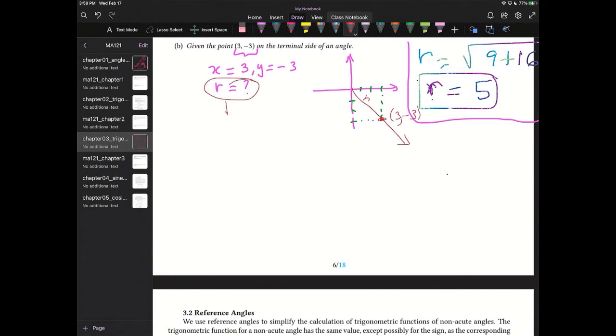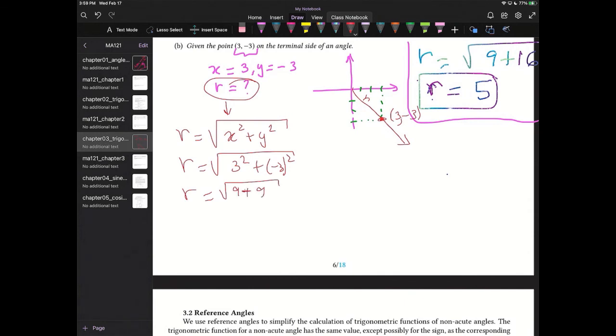So r, again, by the Pythagorean theorem, is the square root of x squared plus y squared. Plug in the numbers. So that is going to be the square root of 3 squared plus negative 3 squared. So we have the square root of 9 plus 9, which is 18.